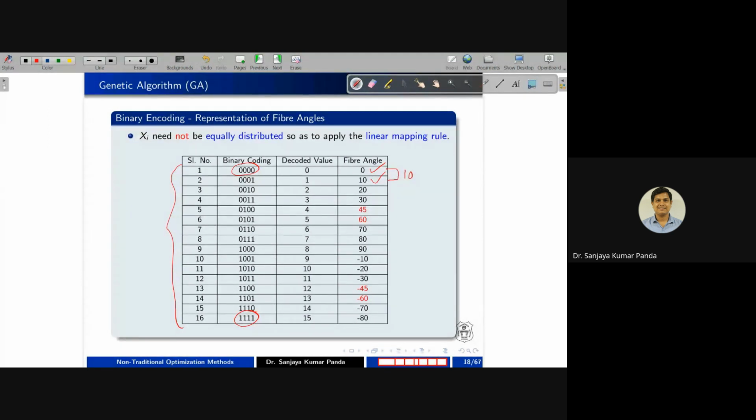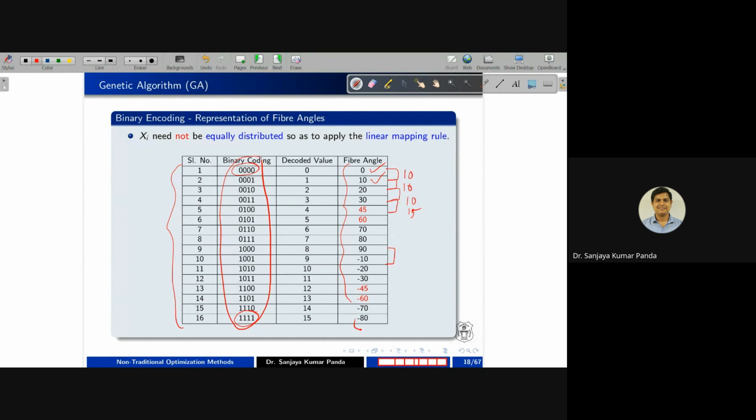Next it is 10 to 20, again a difference of 10. 20 to 30, again a difference of 10. What about 30 to 45? The difference is 15. Similarly, 90 to 100 is 10, and so on. So not necessarily are they equally distributed, and not necessarily will you use the same number of bits in the binary string to represent a particular number.